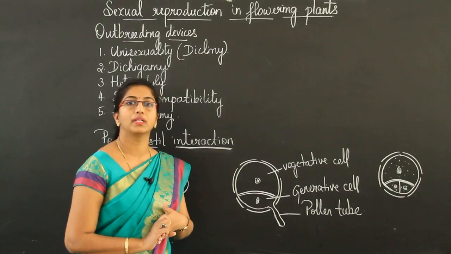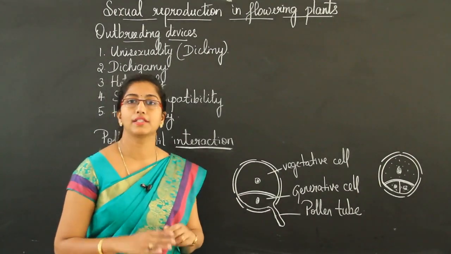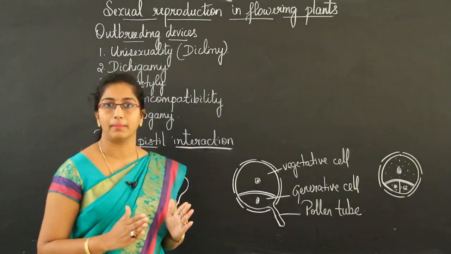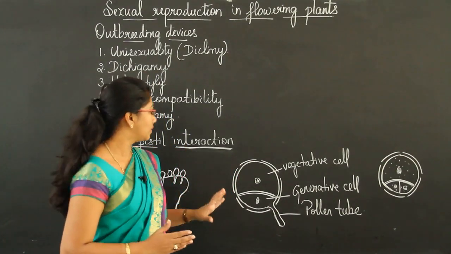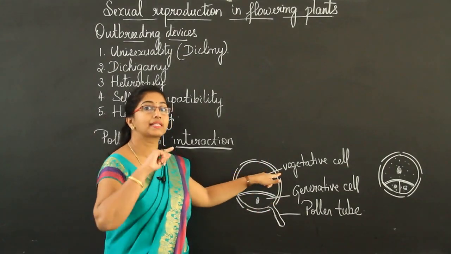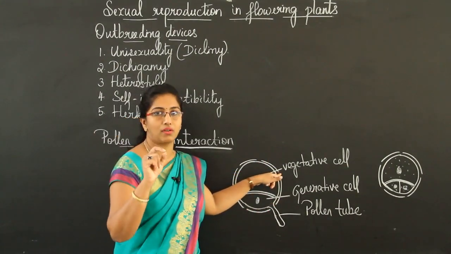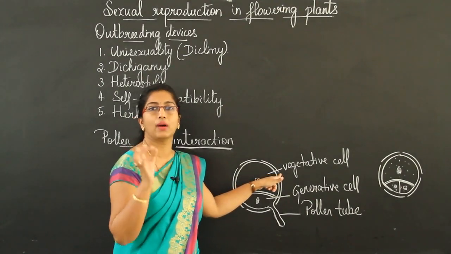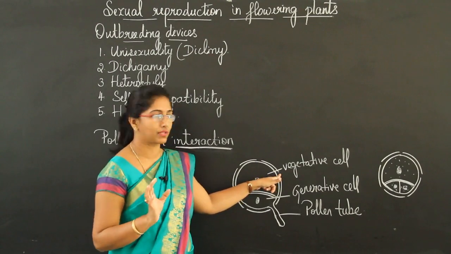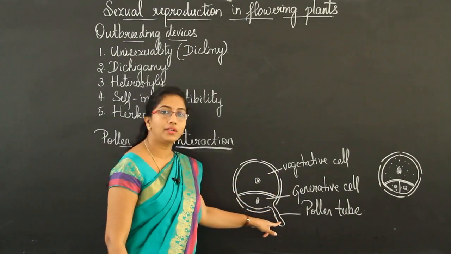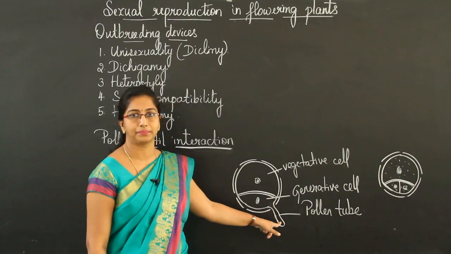When the right type of pollen grains fall on the stigma, they will begin to germinate through one of the germ pores. The exine has pores or apertures, which we call germ pores, or in simple words openings. Through the germ pores, the pollen tube will start arising.